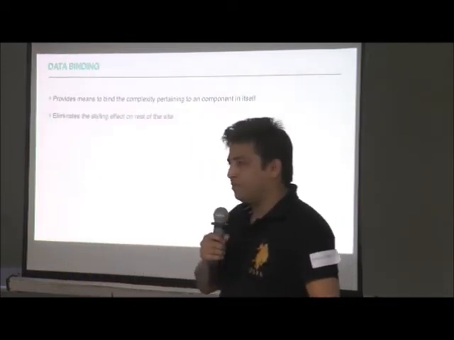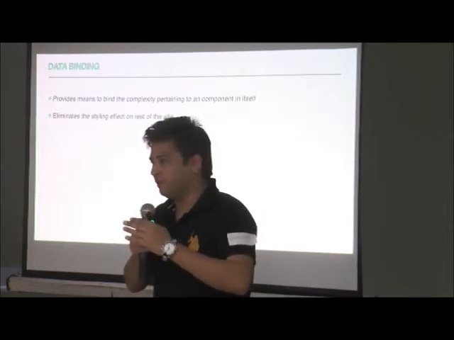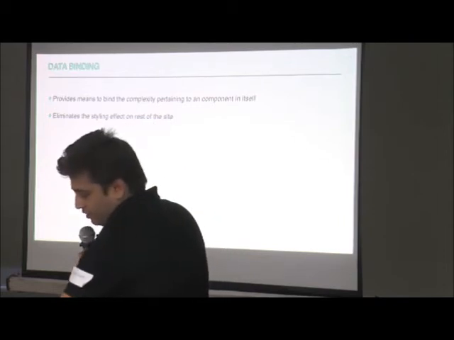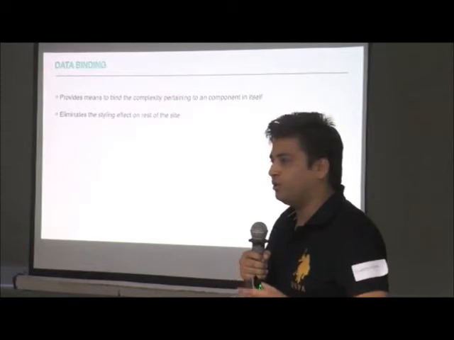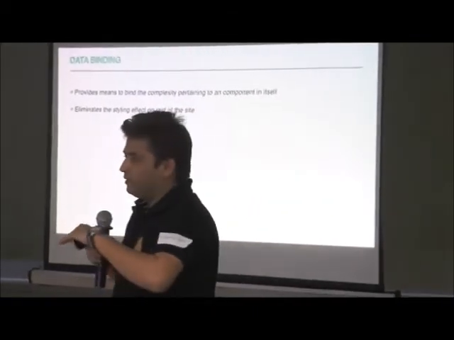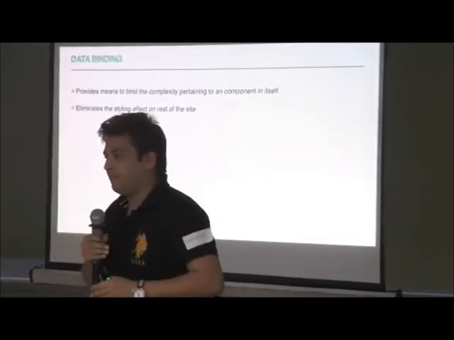As the name suggests, it binds the data within that component level. How it does that is it combines the styling, the JavaScript part, and any logic that we develop within the component scope. It doesn't let the style sheet effect leak out of the context of a component. So you have a page, right?